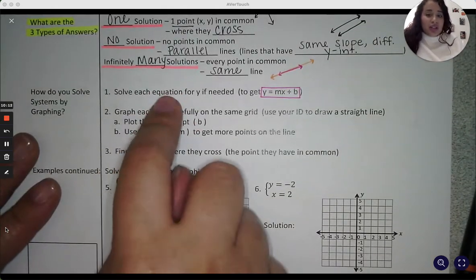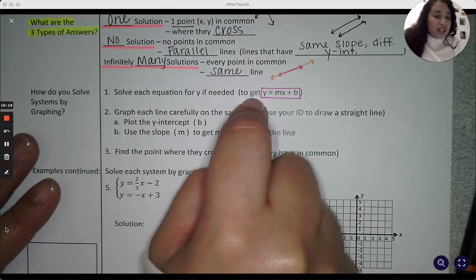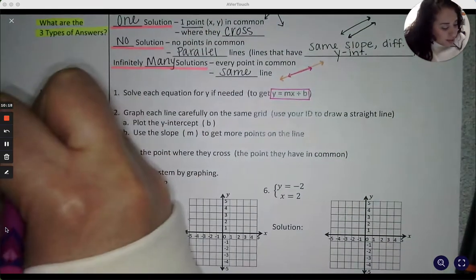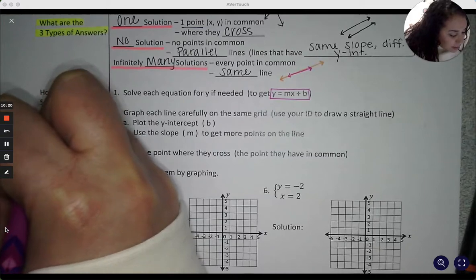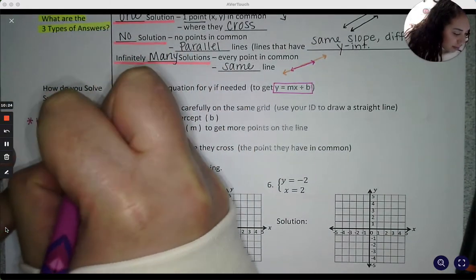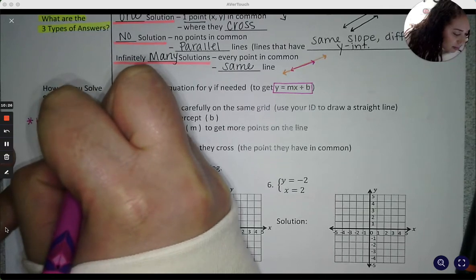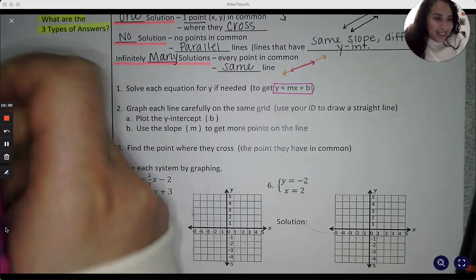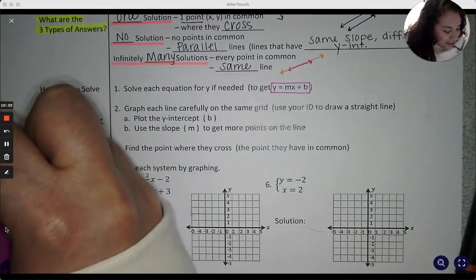So solve each equation for y if you need to. Remember, and I'll write it here too, kick out your x. I was about to spell x like it was a person. So kick out x, divide up your stuff.